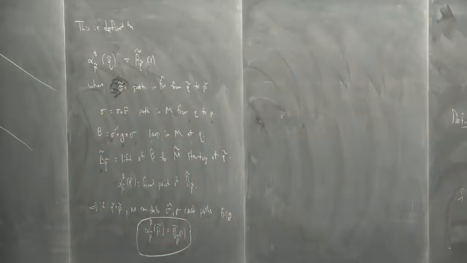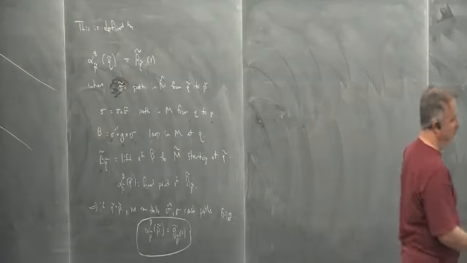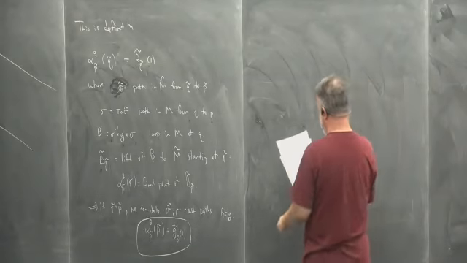So given an element in this group of deck transformations, we're going to use the compactness, we're going to use Cartan's existence theorem. We have to find a geodesic gamma tilde upstairs, which is left invariant by that element.